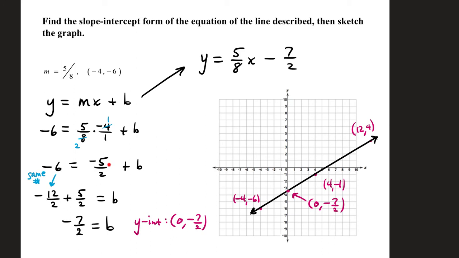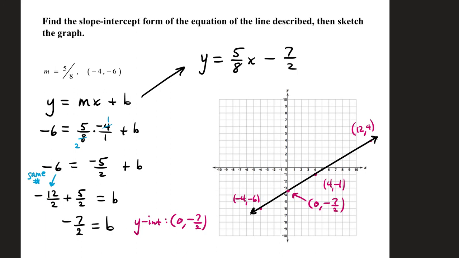-6 equals -5/2 plus b. Solving for b, you add 5/2 to both sides. So that's where I've got right here. I've added 5/2. I wanted to show you a little trick you can use to change a number into a fraction. Now, since 5/2 has a 2 as a denominator, 2 times -6 is -12. So you can rewrite -6 as -12 over 2.